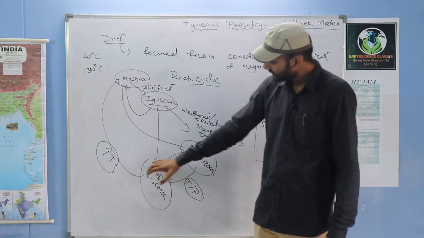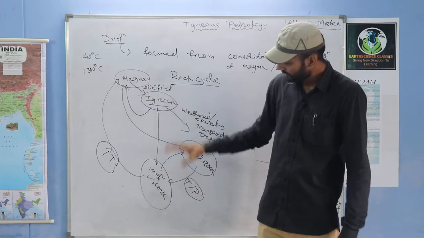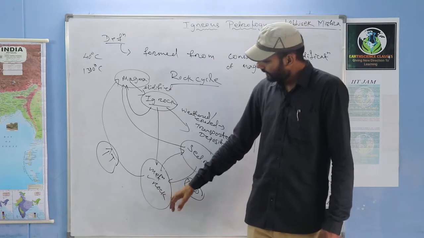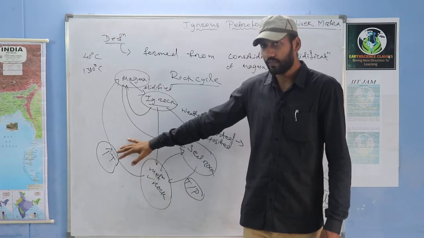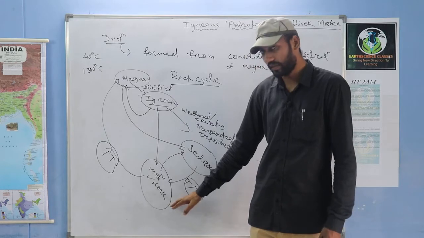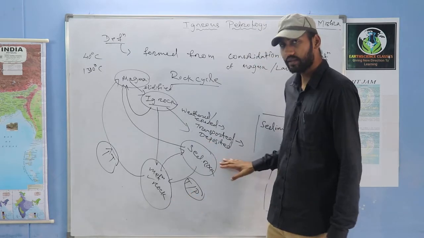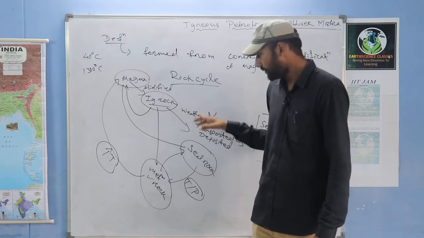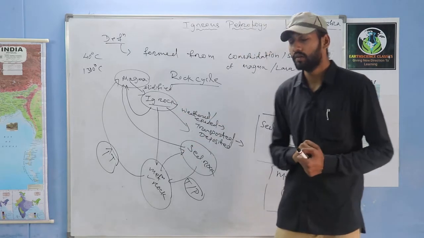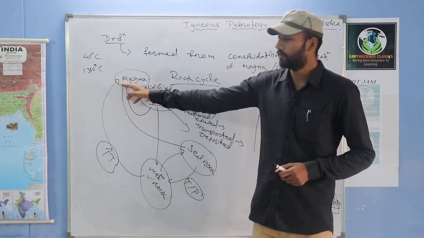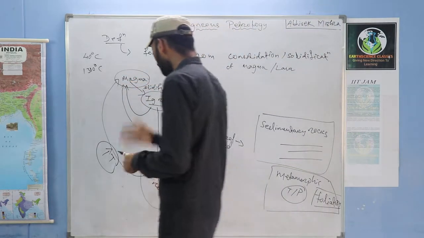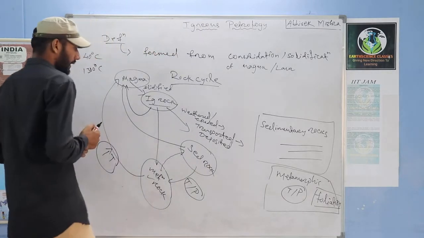Again, if I increase the temperature of the metamorphic rock, sedimentary rock, or igneous rock, they can produce melt to produce magma again. Okay, so this is your rock cycle.